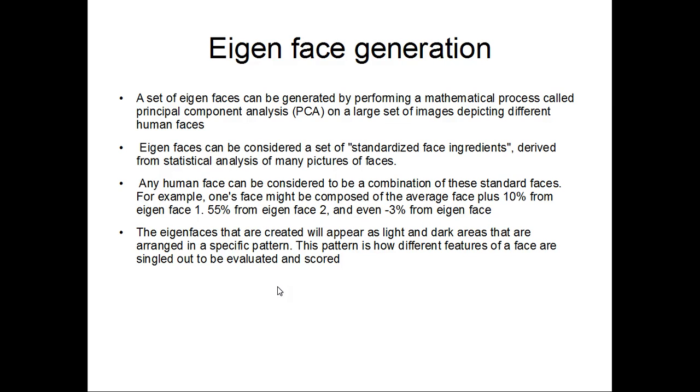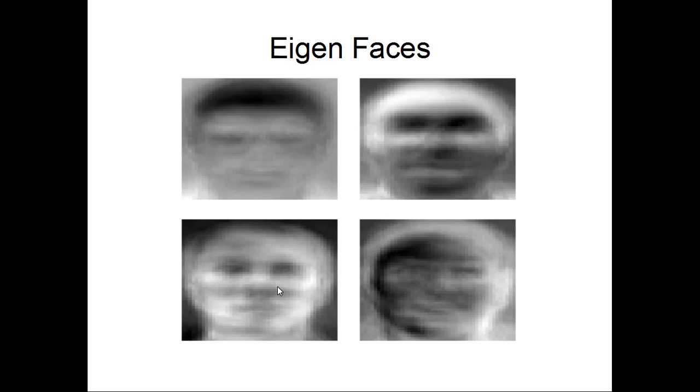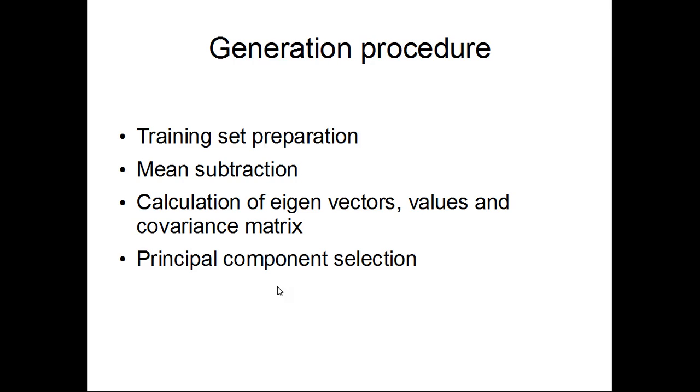The eigenfaces that are created will appear as light and dark areas arranged in a specific pattern. This pattern is how different features of a face are singled out to be evaluated and scored. Here we have a few examples of how eigenfaces look. Like I've mentioned earlier, these are derived from a training set. A new image which is to be tested is compared with these, and the similarity rating is obtained.